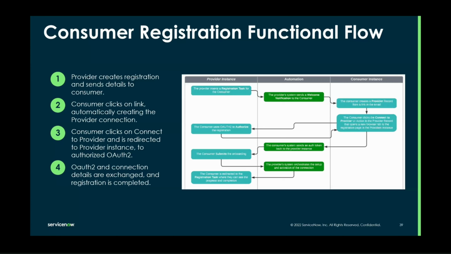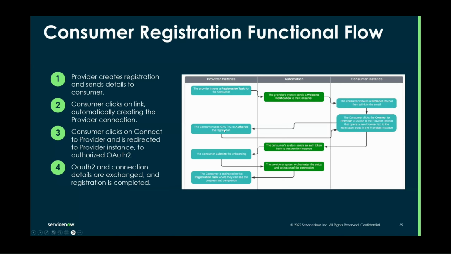That's why, if we're doing it in one window, we have to impersonate: on the consumer instance, when you click on that connect to provider UI action, it's actually opening up a window on the provider instance.